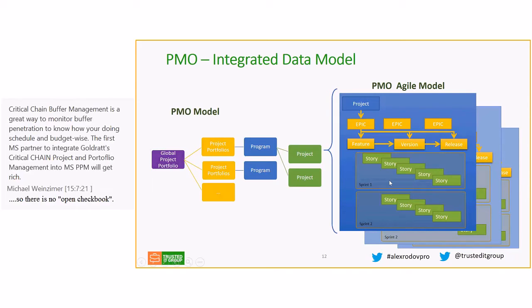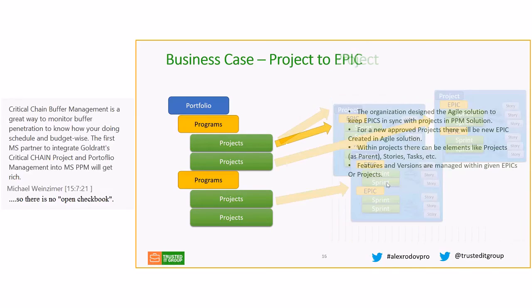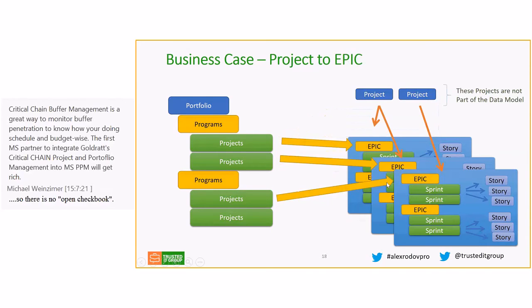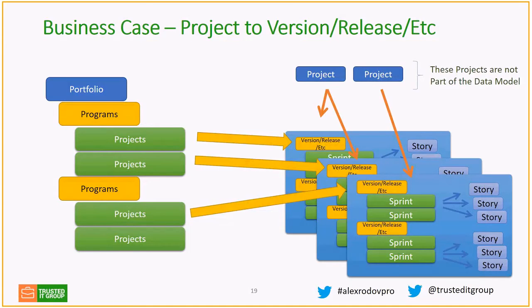So I would say this example was here, the versions. In continuous release cycles, each release becomes a project.